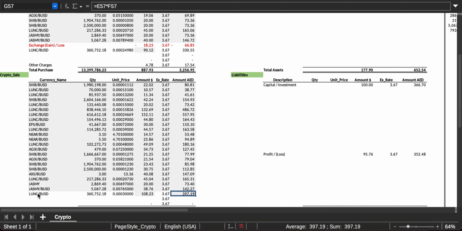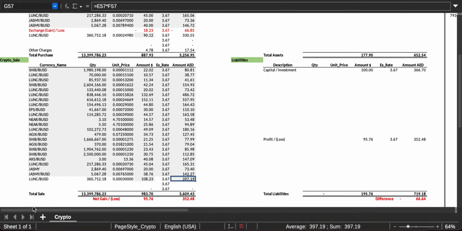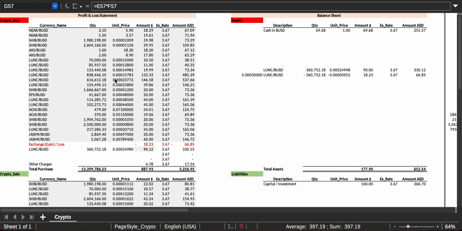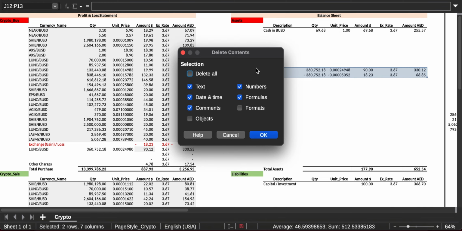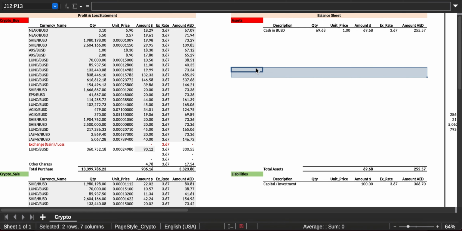See, now if we sell this currency, we will remove these lines from here, because it is not our asset now. So we already removed these lines.